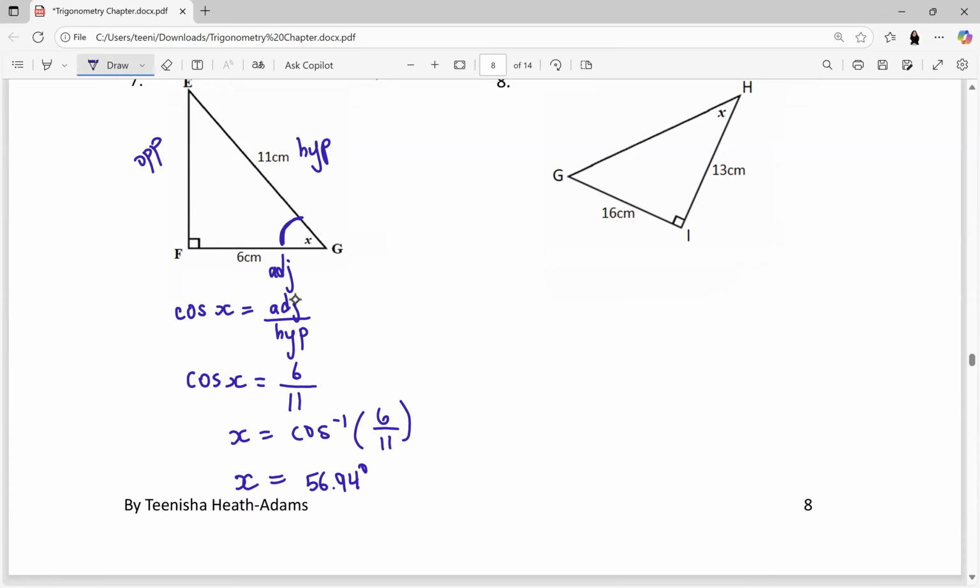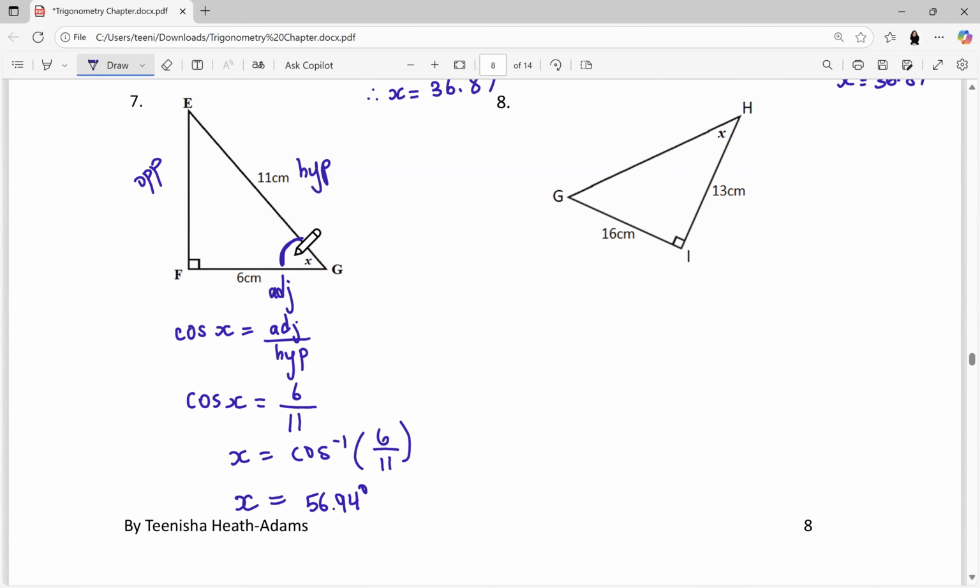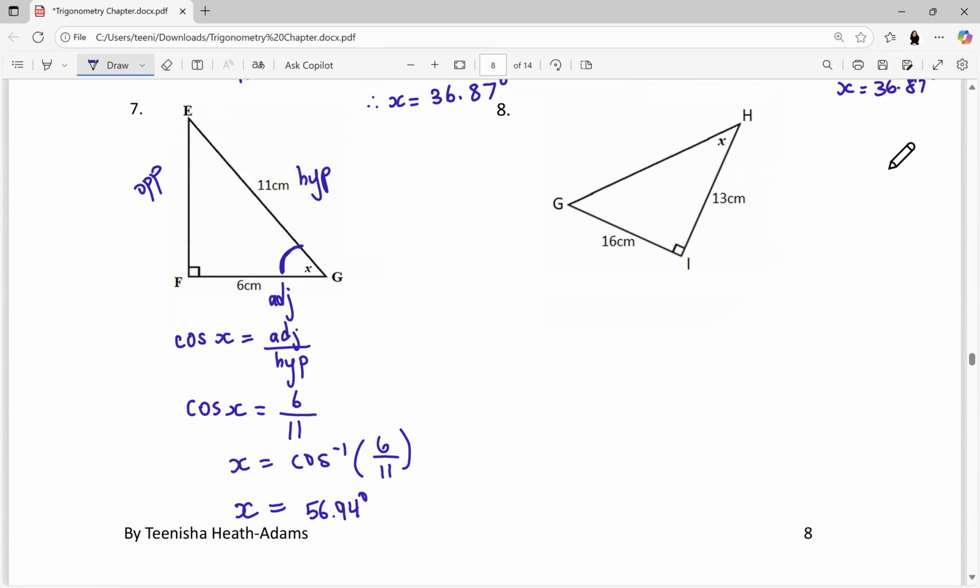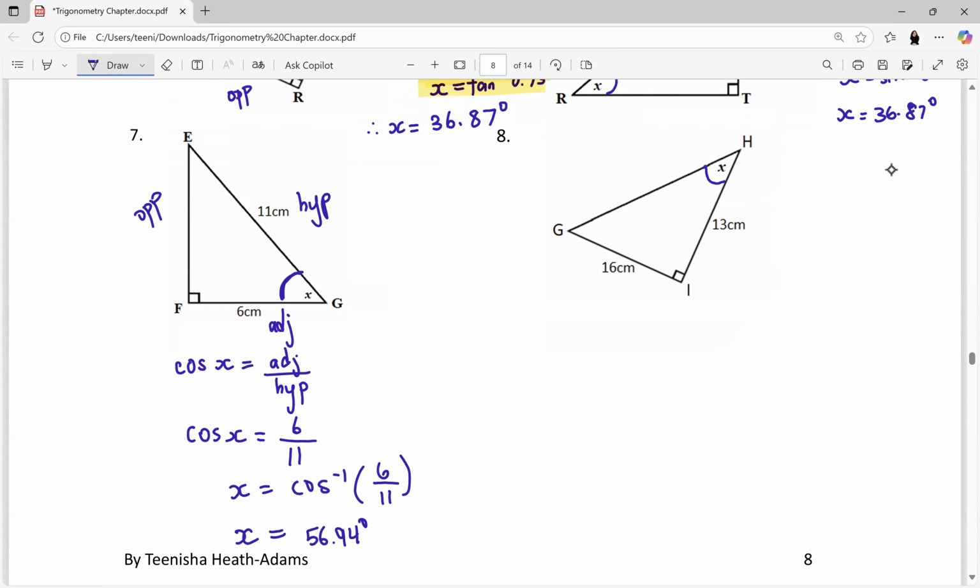Joshua, let's do number 8 together. Yes, please. Which side is your hypotenuse in question 8 here? HG. That's right. That side is not really important because we don't even know what it is. Which side is the opposite?